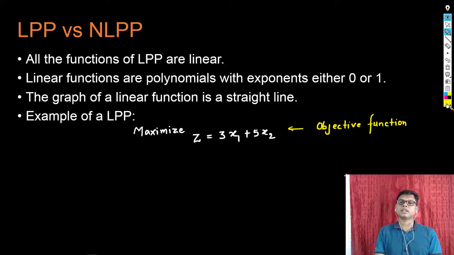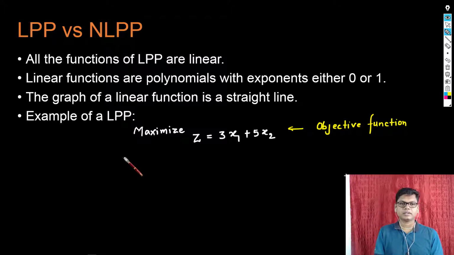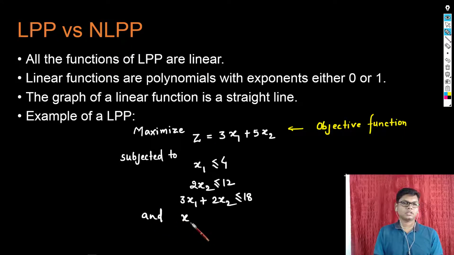This objective function has certain constraints. So we will write the constraints as subject to x1 ≤ 4, 2x2 ≤ 12, 3x1 + 2x2 ≤ 18, and x1 ≥ 0, x2 ≥ 0.